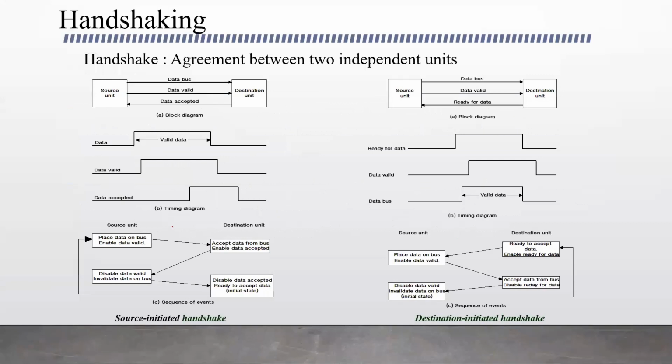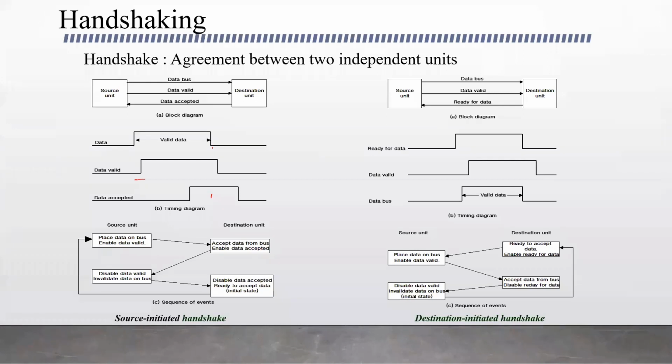This is what we are recollecting here, the handshake method. The source unit places the data in the data bus and initiates the data valid signal. Once this data is accepted, the destination unit initiates the data accepted signal. Once this is enabled, the source deactivates the data valid and removes the data from the line.